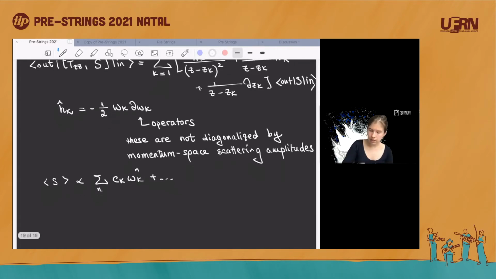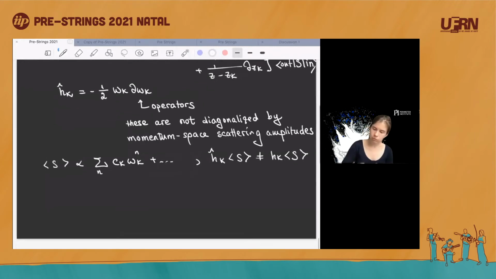And then you can see that if you act with this operator h_k on a polynomial in the external energies, you're not going to get back a number times the S matrix, right? So in other words, the S matrix expressed in the basis of momentum eigenstates, as one usually does in quantum field theory, is not an eigenstate of these operators.